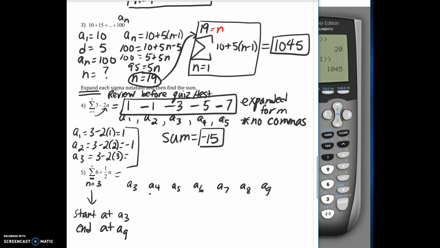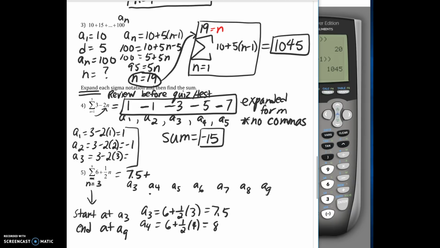The previous one was start at A1, end at A5. So we're not starting with the first term. We're going to plug in A3 and do 6 plus 1/2 times 3 to get 7.5 for our first term. And then we would do A4, 6 plus 1/2 times 4. That's going to give us 8.